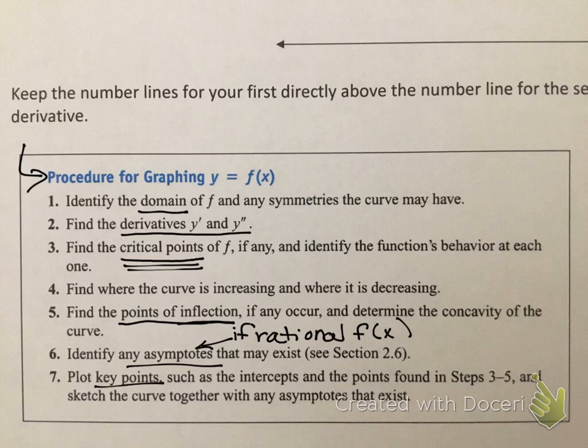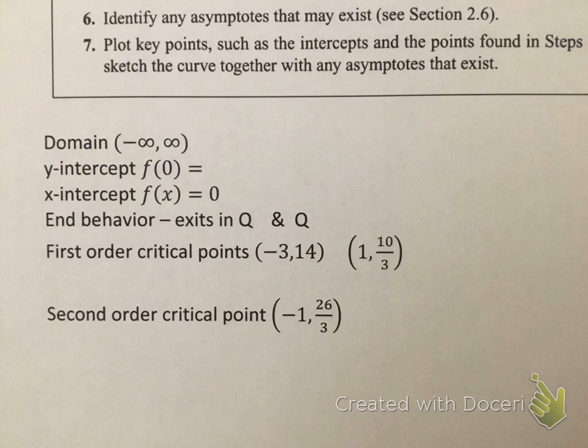So let's look at the function that I was just given, that I did all that work on so far. My function was 1/3 x cubed plus x squared minus 3x plus 5.